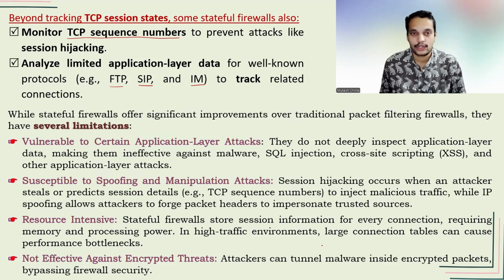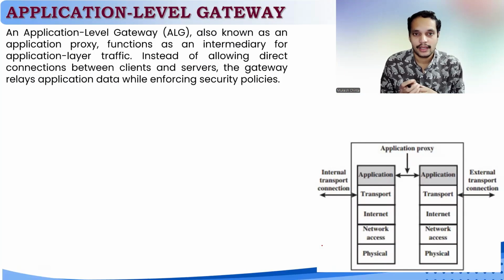Let's move on to the next one, which does actually do some kind of deep packet inspection, called the application level gateway, or in short ALG. An application level gateway, also known as an application proxy, functions as an intermediary for application layer traffic.